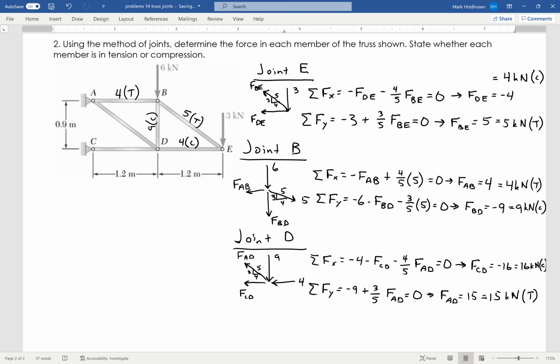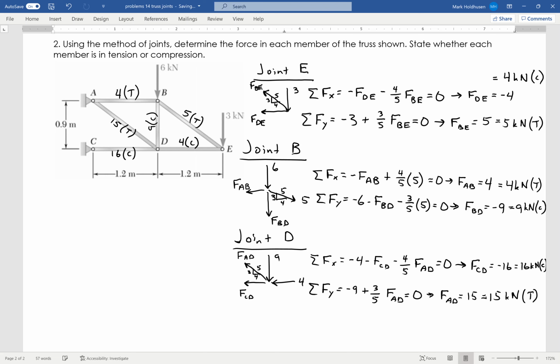So FAD is tension. So this will be 15 in tension, and FCD will be in compression and be 16.